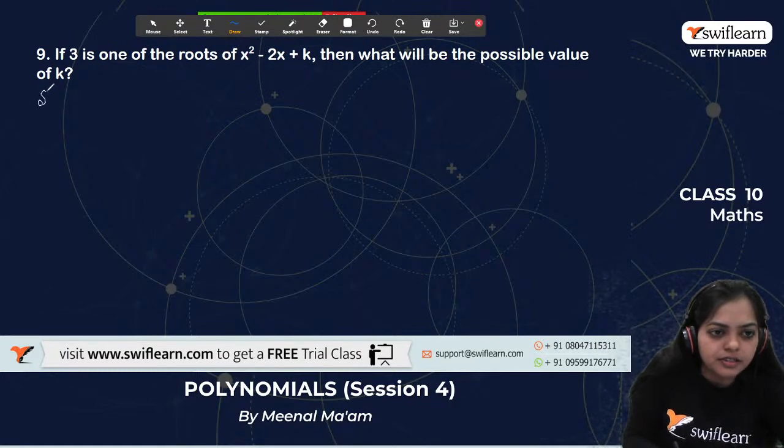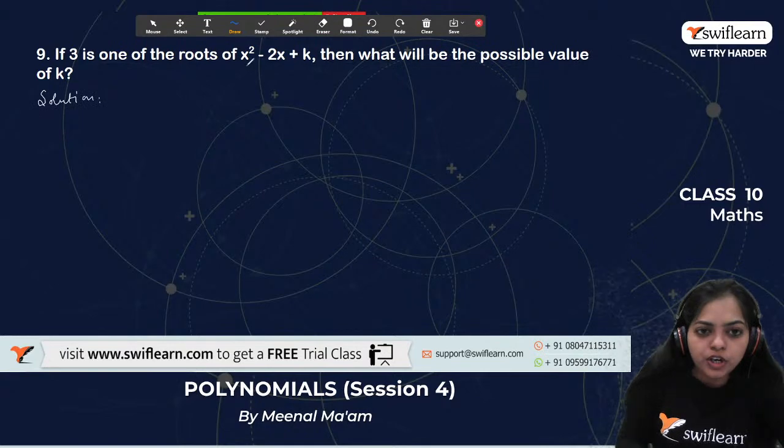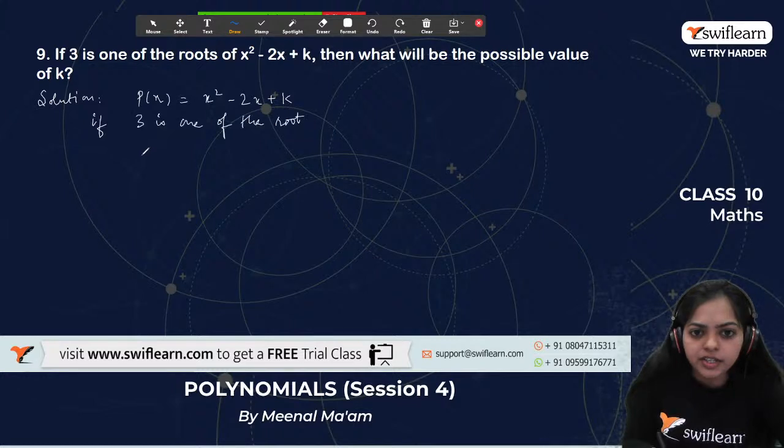So what will be the solution? If 3 is one of the roots of x square minus 2x plus k, so given p(x) is equal to x square minus 2x plus k. If 3 is one of the roots, then we know that p(3) is equal to 0.